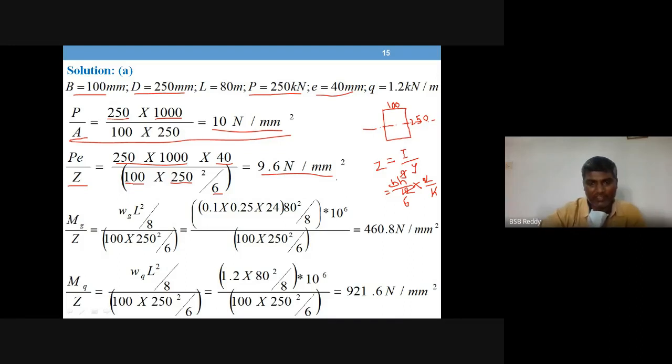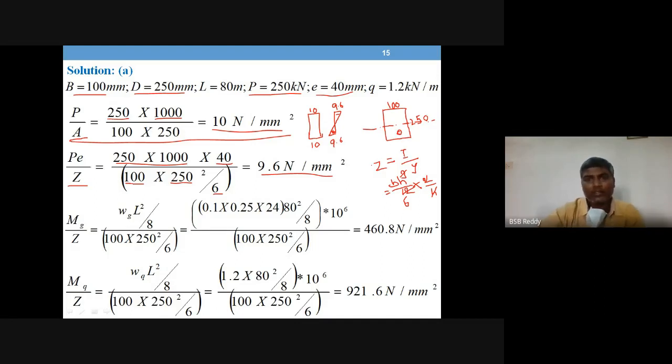If you draw the stress diagrams, it is 10 at top and bottom and everywhere, like a rectangle, and 9.6 and 9.6, top tension, bottom compression, because the pre-stressing tendon is located 40 mm below this CG line.